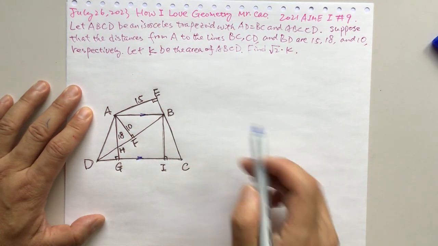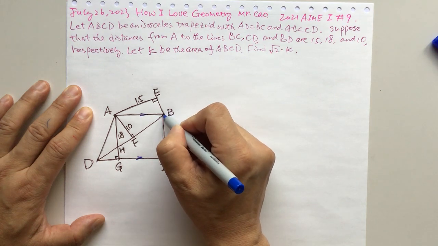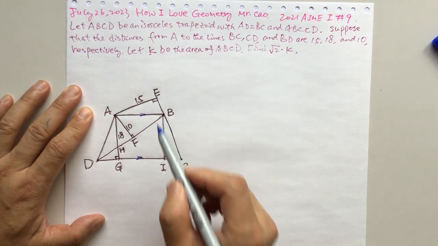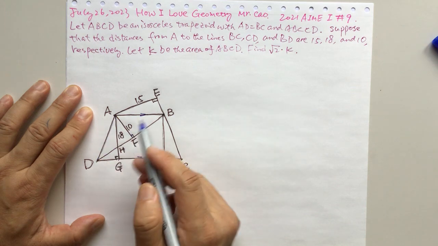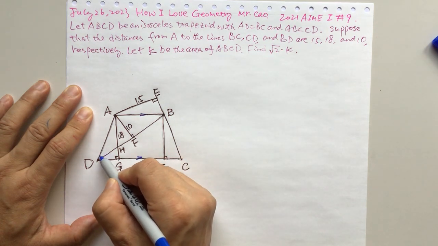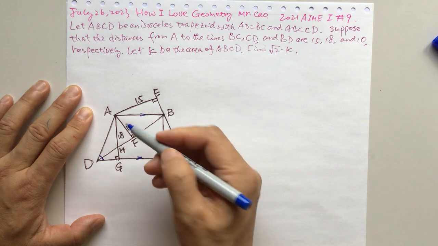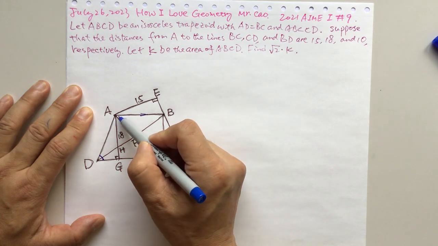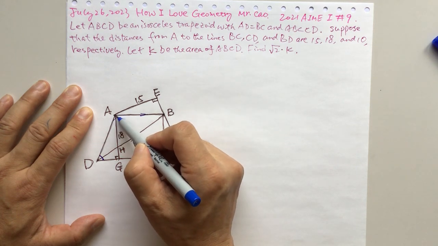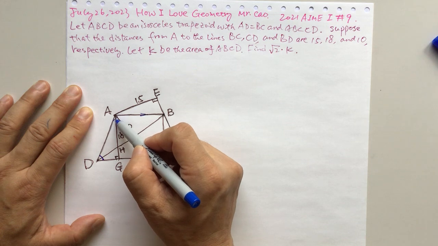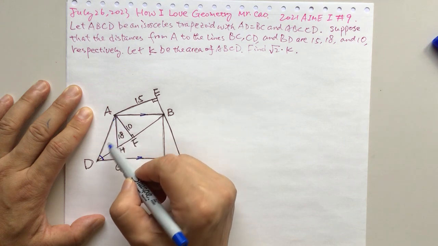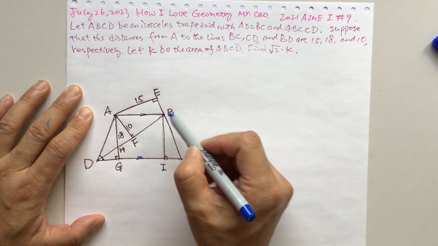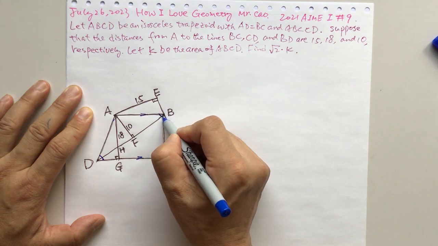So at first we know this triangle ABE is similar to ADG. Why? Because this angle plus this angle, angle DAB, is 180 degrees. They are supplementary. And because it's an isosceles trapezoid, this angle DAB is congruent to this angle, right?